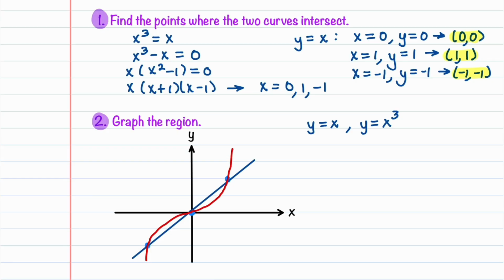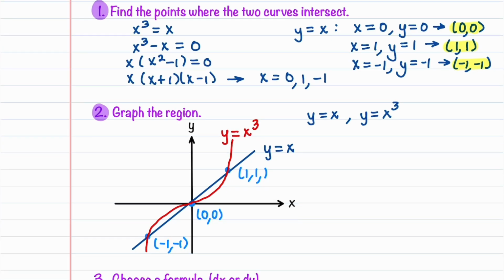Let's go ahead and label everything. Our first point of intersection was (-1, -1), and then we have the origin (0, 0), and then we have the point (1, 1). Our blue line is y is equal to x, and our red curve is y is equal to x cubed.